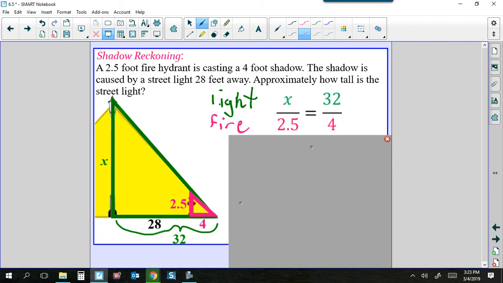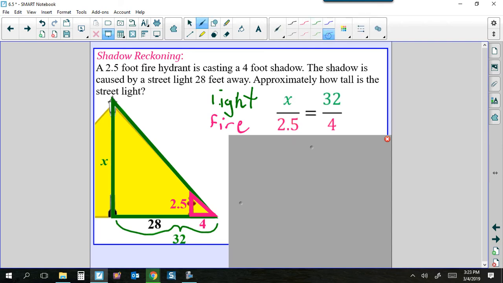One of the ways it'll help you get this set up is if you always keep it set up like a box. So light is up in our numerator. Fire is in our denominator. We could also set up two columns. Our entire left side of our equation is talking about the height of both objects. So this column is 100% talking about how tall things are.